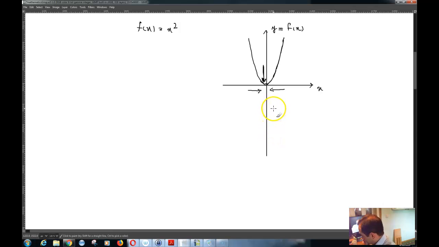So in this situation, technically and mathematically, we say that the limit of f of x as x tends to 0 is equal to 0.